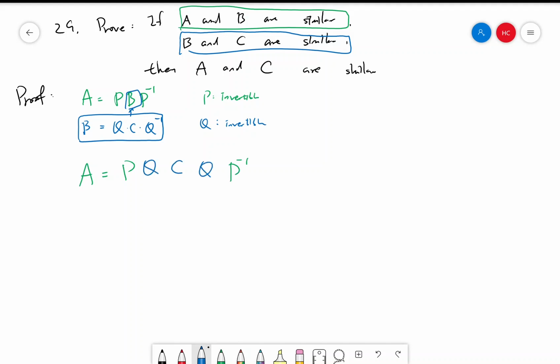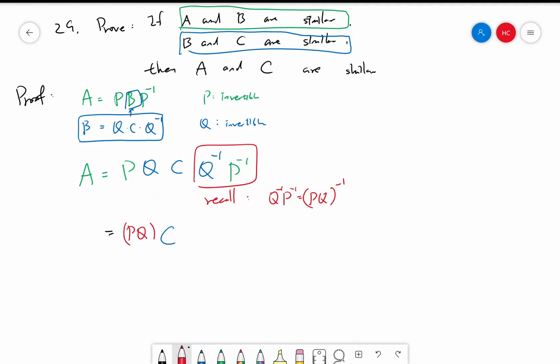So we get A is equal to P, Q, C, Q inverse, P inverse. And now let's recall that Q inverse P inverse is the PQ product, the whole thing inverse. So the order is reversed here. So A is equal to PQ times C times PQ inverse.